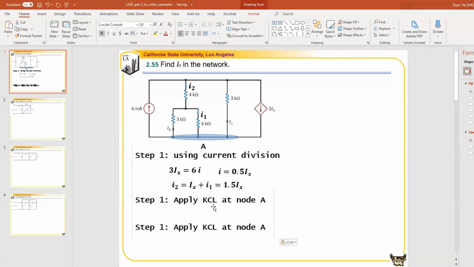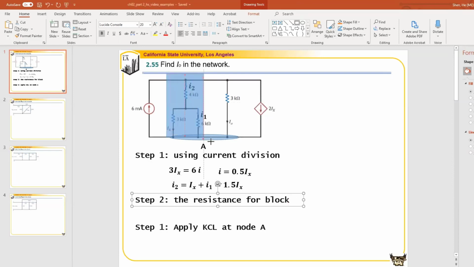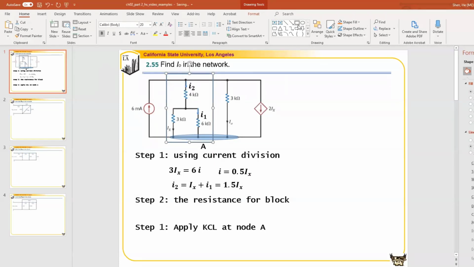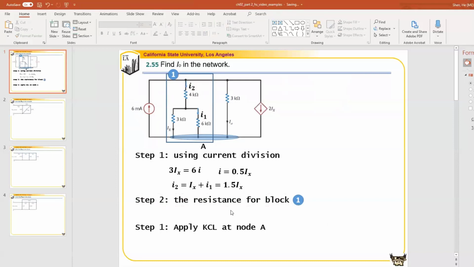The overall resistance for the network, let's give it a name, block 1. So I'm going to call this block 1. The overall resistance for that is equal to 4 in series with the 3 and 6 in parallel.